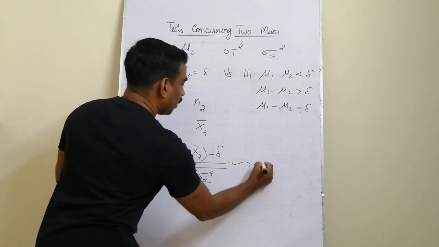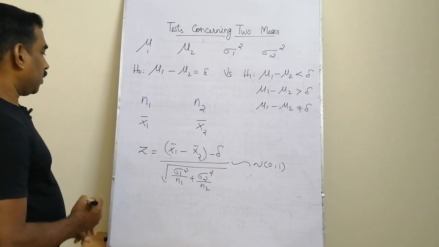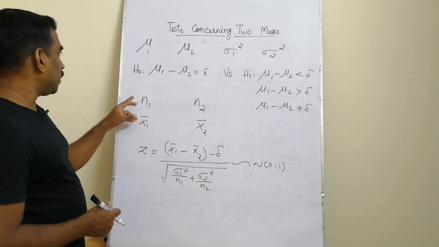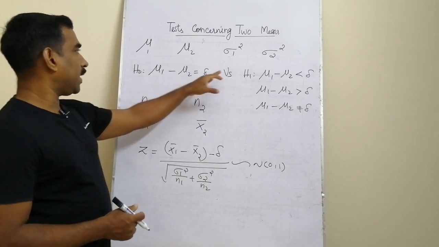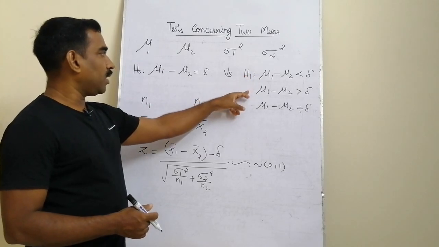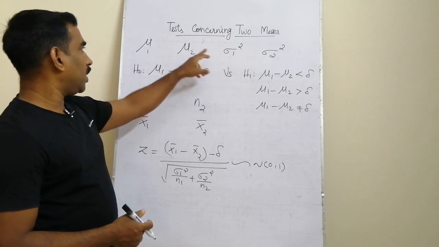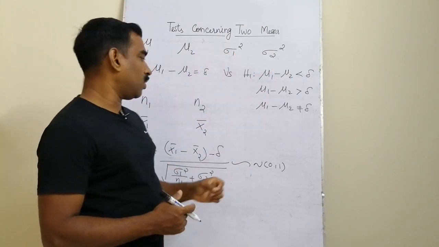This will be a standard normal variate, or this follows N(0,1). This statistic is used whenever we are testing the null hypothesis H0 mu1 minus mu2 equal to delta against the respective one-tailed or two-tailed alternate hypothesis, with the given information that population variances sigma 1 square and sigma 2 square are known.